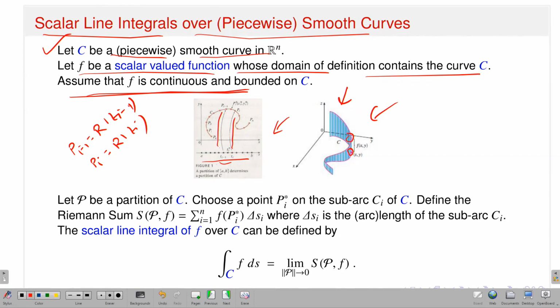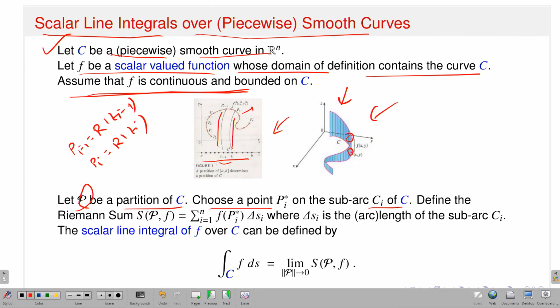So look, let this be a partition of my curve C, that means this is the corresponding partition. Choose a point P_i star on the subarc C_i of C. Like in the Riemann integral, what do you do? You take a partition of the closed interval [a, b], take a subinterval, say t_{i-1} to t_i or x_{i-1} to x_i, then take any arbitrary point inside that, let it be xi_i, and you consider the value of the function at xi_i.